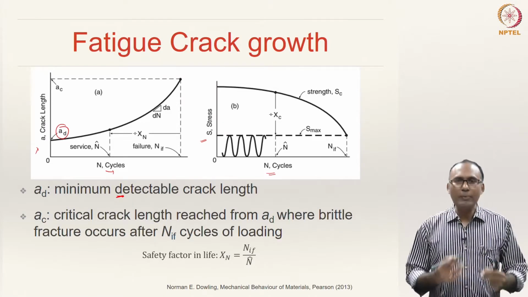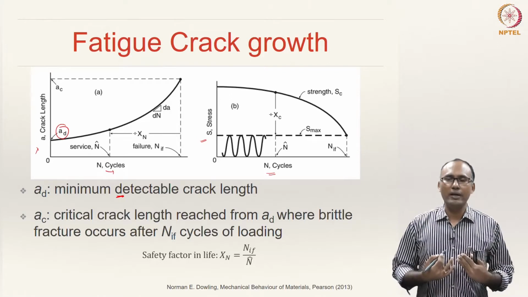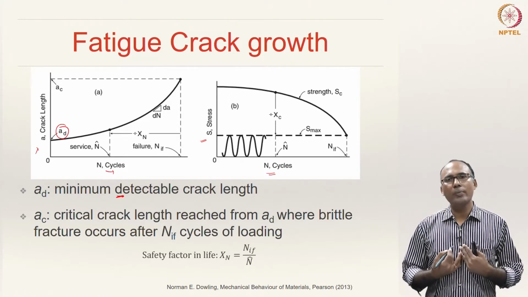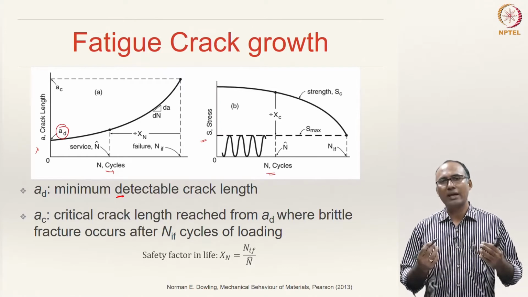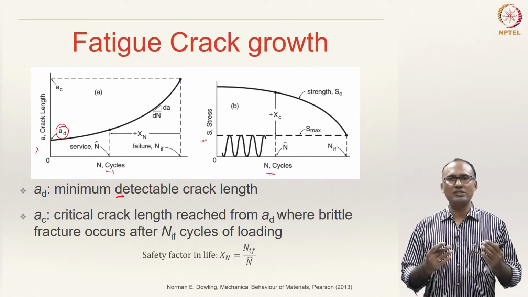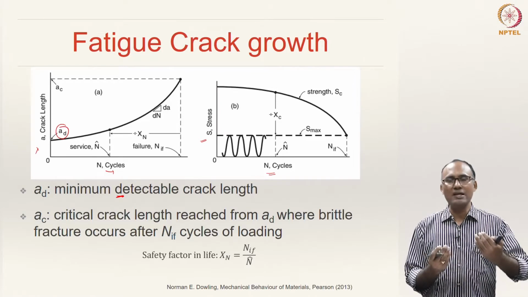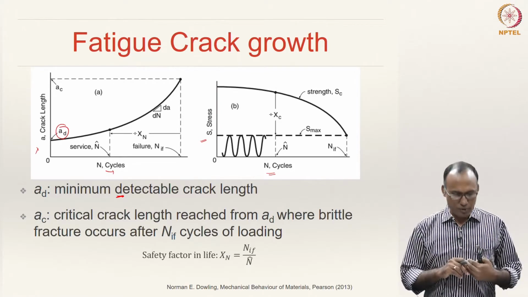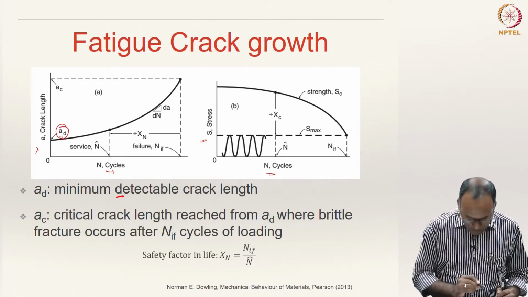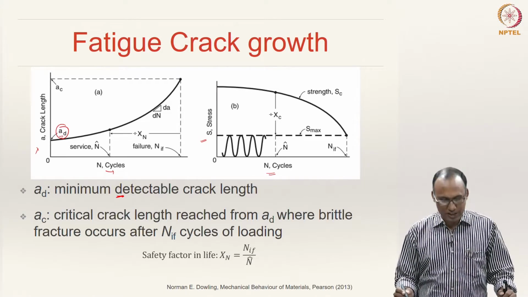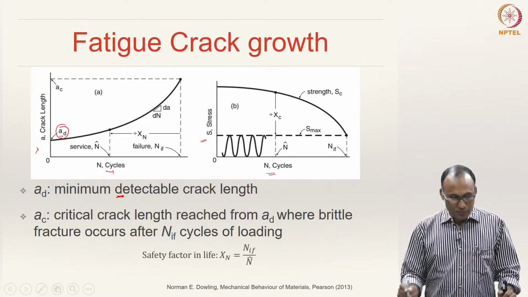In any material, by doing an inspection, depending upon the resolution of the equipment that we are using, we will be able to find a crack length of, for instance, 1 mm. If that is the resolution, you cannot detect a crack whose length is less than 1 mm. So let us say AD is the minimum detectable crack length in the material.